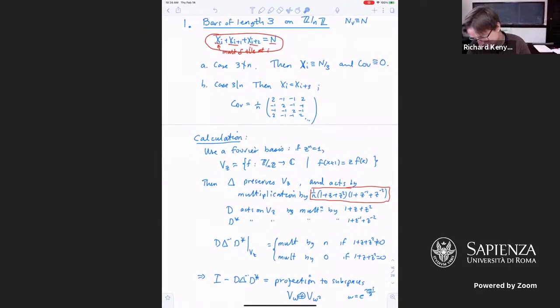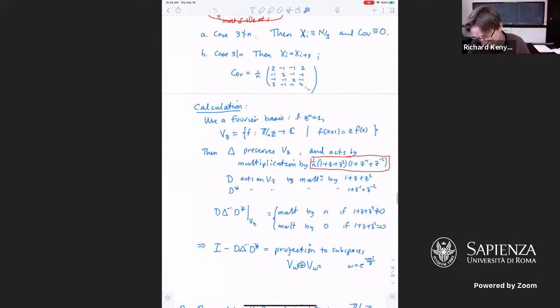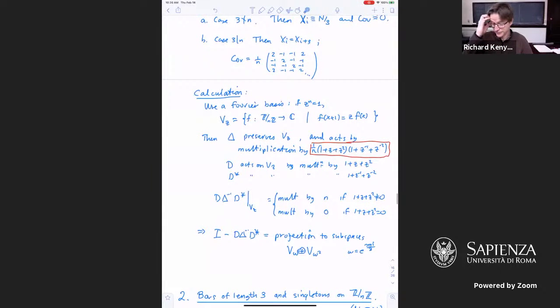Once you go to the Fourier basis, it's fairly easy to figure out what this operator does, and it corresponds to multiplication by n if 1 plus z squared is non-zero and it's 0 otherwise. And so when you take I minus that, it just becomes a 2-dimensional projection, a projection onto the sum of the 2 subspaces for the primitive cube roots of unity.